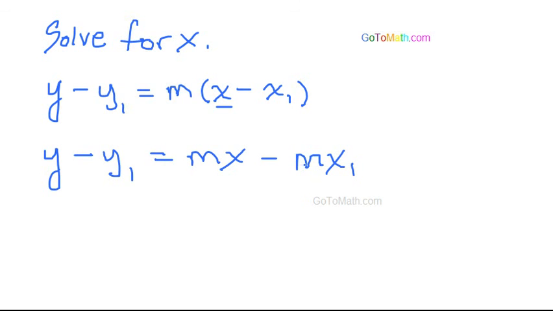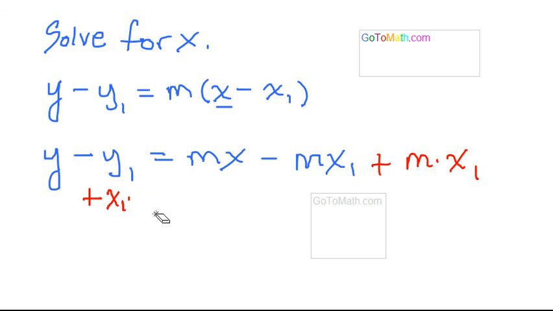And then let's go ahead and take this to the other side. So that means we're going to add m times x sub 1 to both sides, and you know what, we'll just have to write it down here.